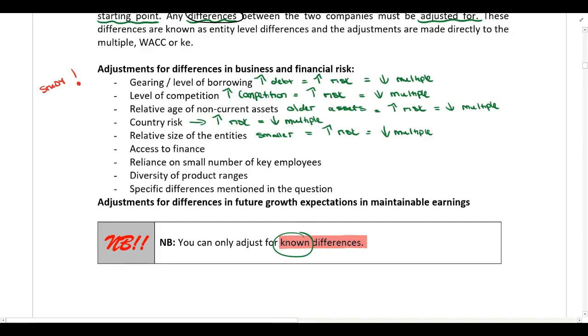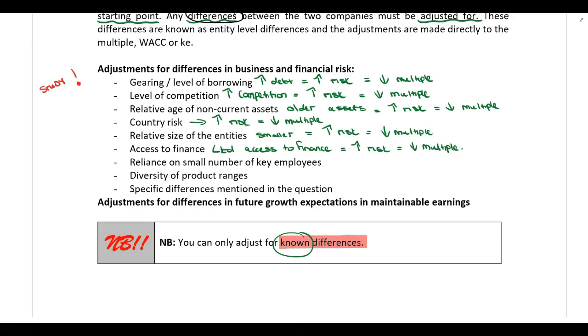The next difference we need to consider is access to finance. And if a company has limited access to finance, that makes them more risky, and again, that means we decrease the multiple. Now, this is also a difference that we can adjust for, because the one company, Clarity Furnishers, is a Pty limited, so it's not listed, meaning that they have limited access to finance.